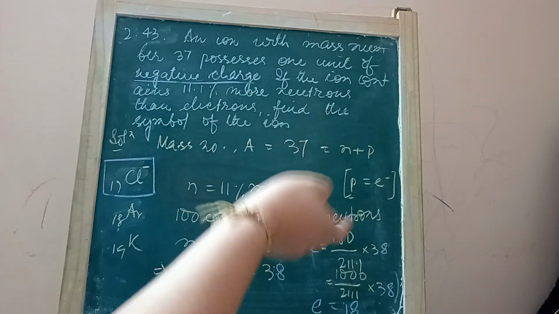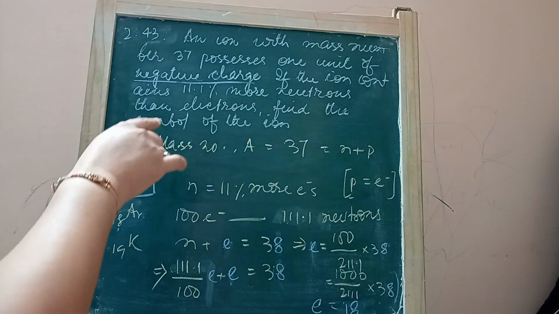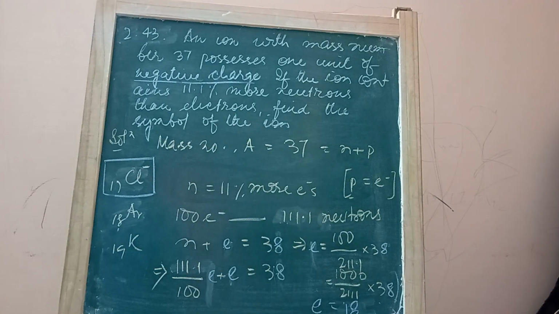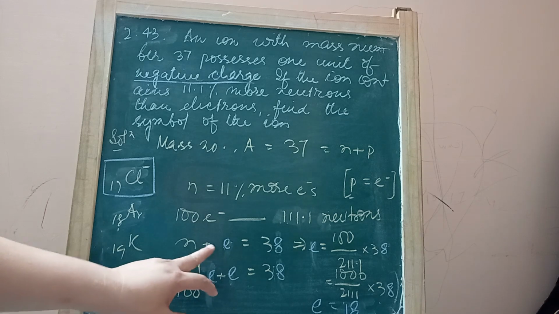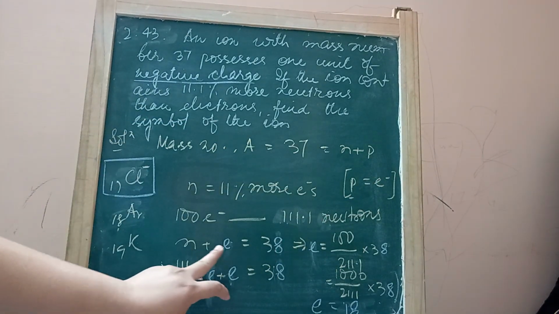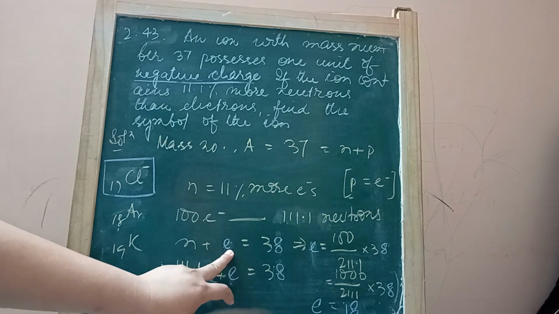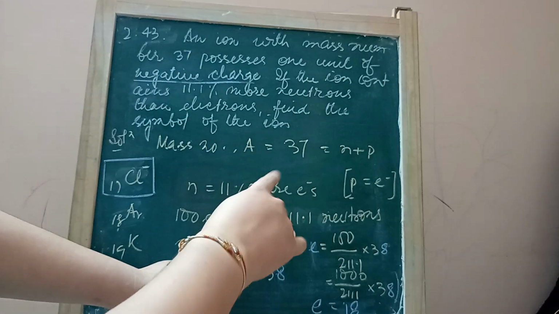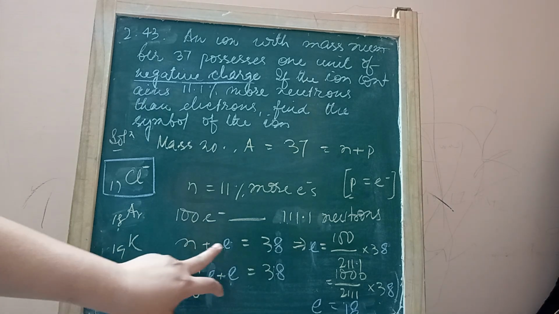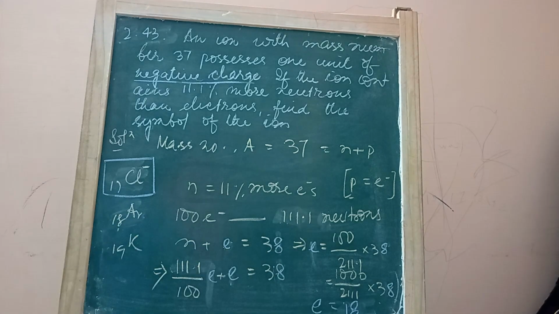But since this species is carrying a negative charge, it means that it is having 1 electron extra, right? Number of neutron plus proton should be 37, but in this species 1 electron is more. So the number of neutron plus electron will be 38.